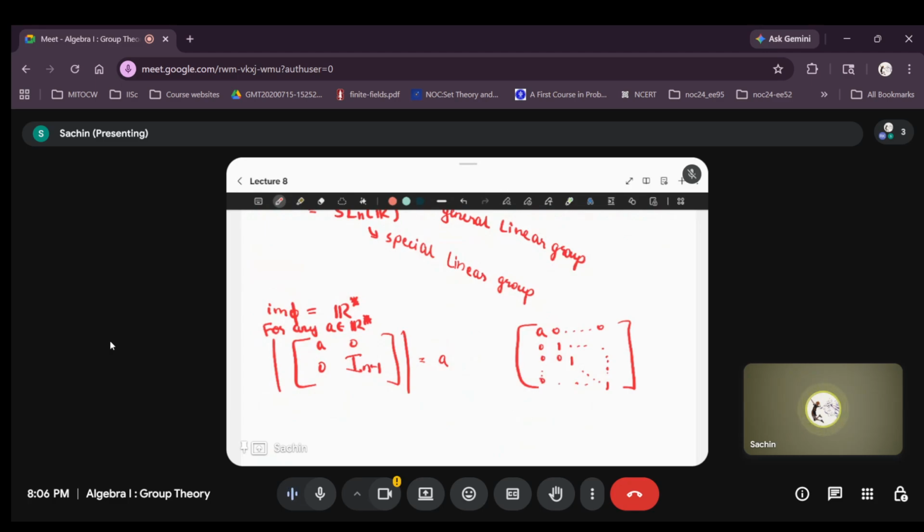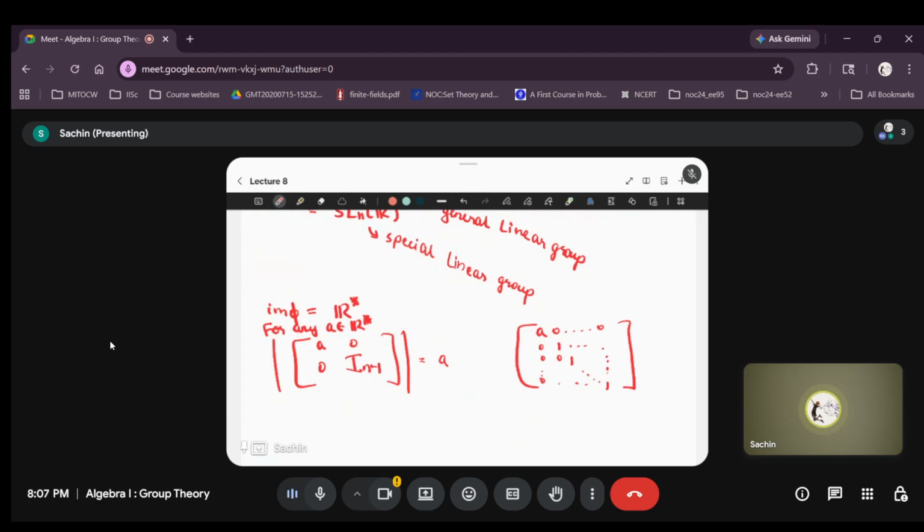This has the determinant equal to a. And since a belongs to R star, the determinant is not 0. So this matrix belongs to GL_n(R), which is the domain.